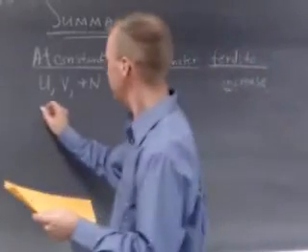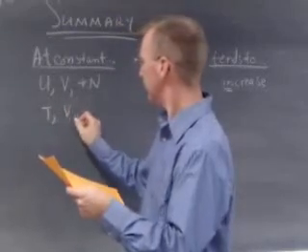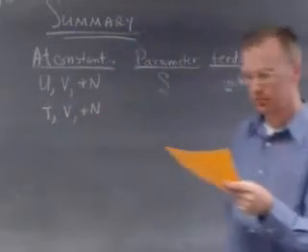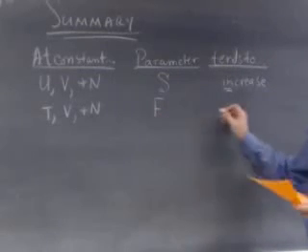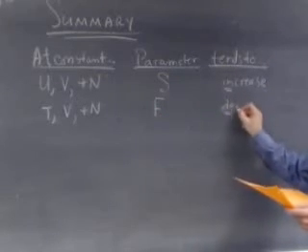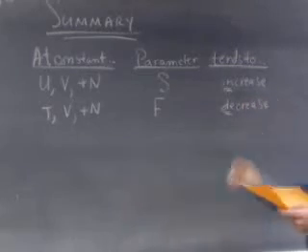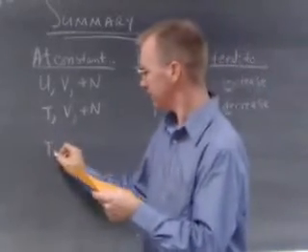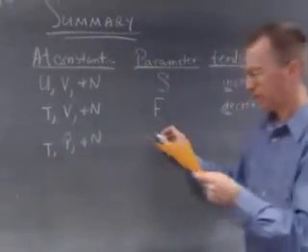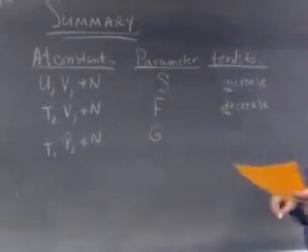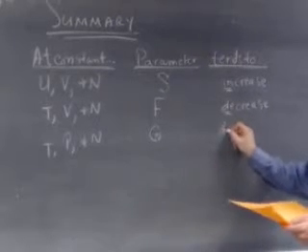At constant temperature, volume, and number, the Helmholtz free energy tends to decrease. And at constant temperature, pressure, and number, the Gibbs free energy tends to decrease.